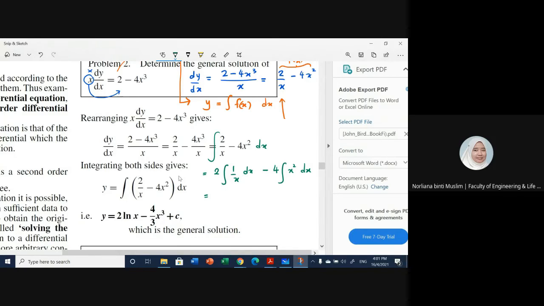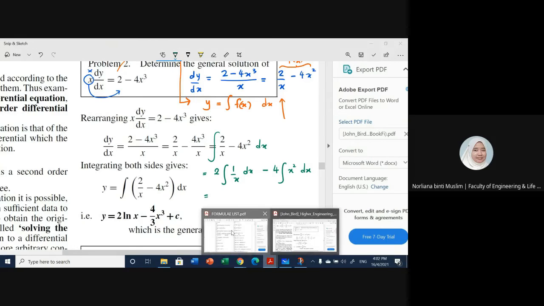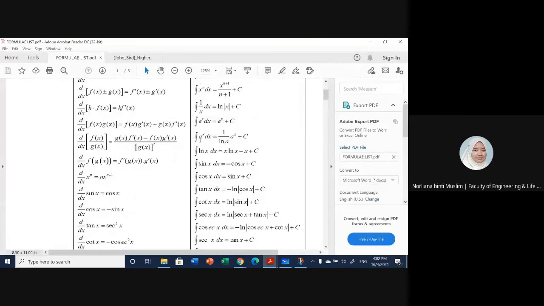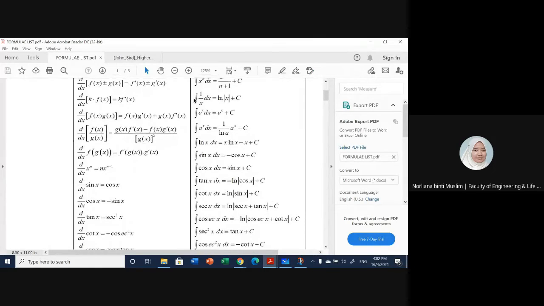Integrate 1 over x. Let's see in the formula list. Integration of 1 over x. Okay, so the answer is ln.